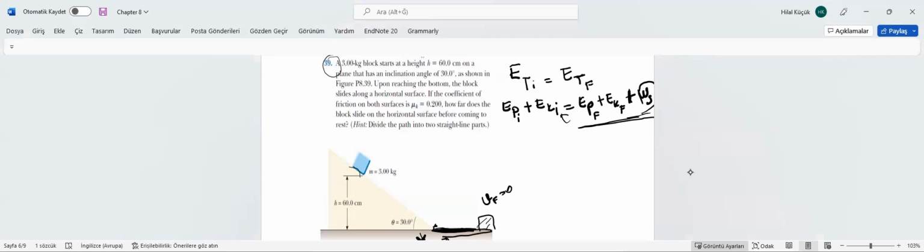So this block doesn't touch the friction surface. Of course, after some time, this block comes in contact with friction. Of course, you lose energy. You have to include this lost work in the final part.